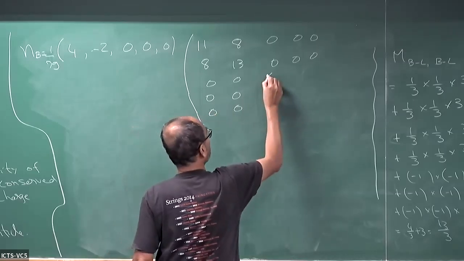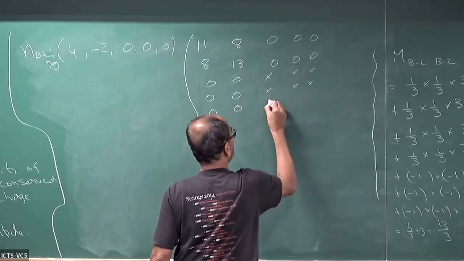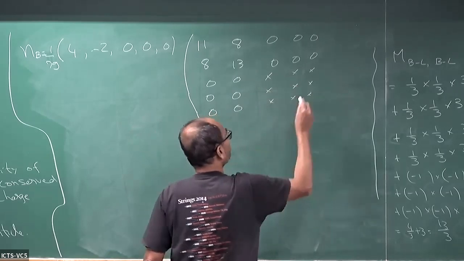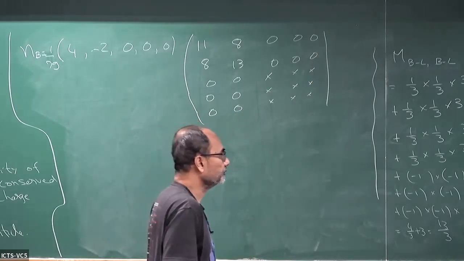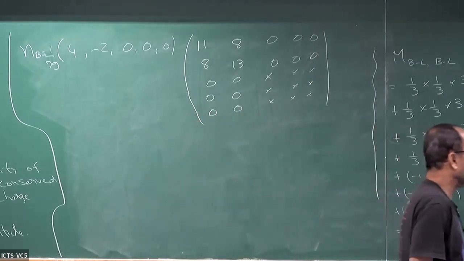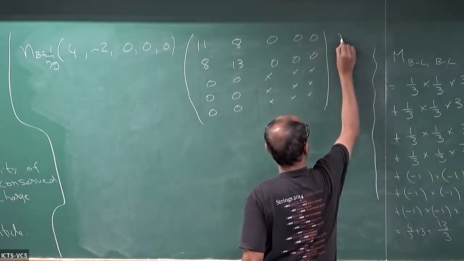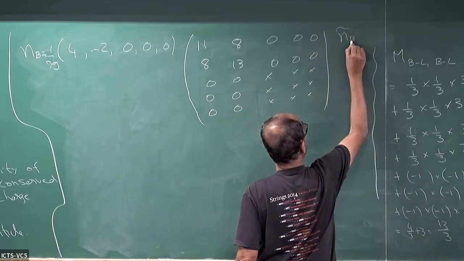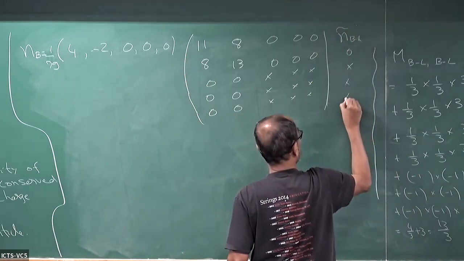Here, as you will see, we don't really care what it is. And then you have here n tilde b minus l, 0, and here again we don't know what it is.